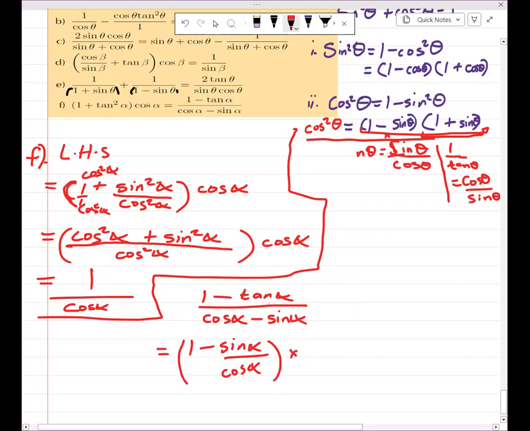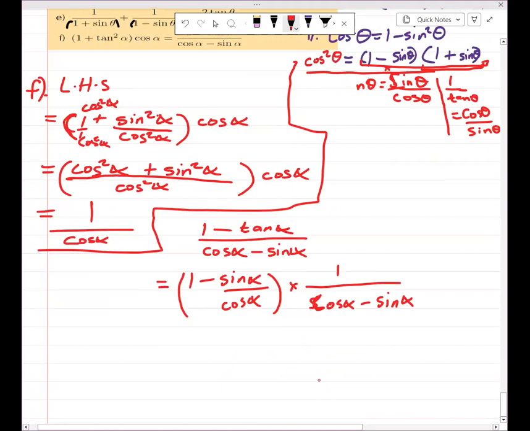And because this part is still a denominator, I'm still keeping it a denominator, but on the side. So it's going to be cos alpha minus sine alpha.